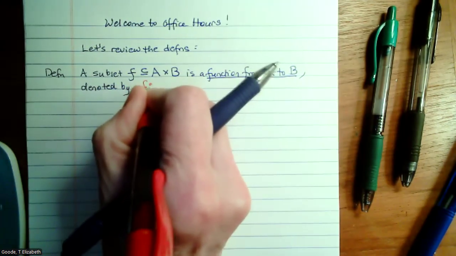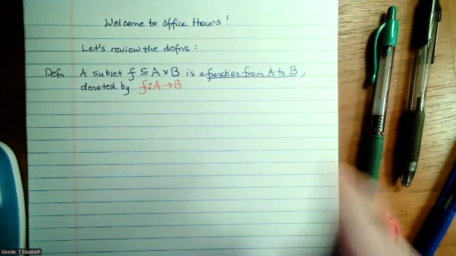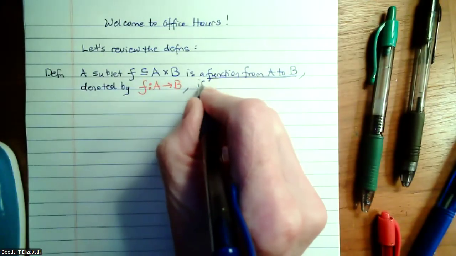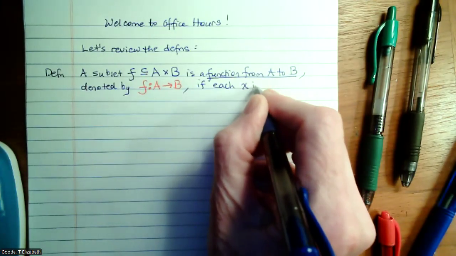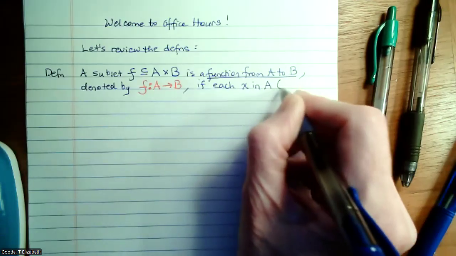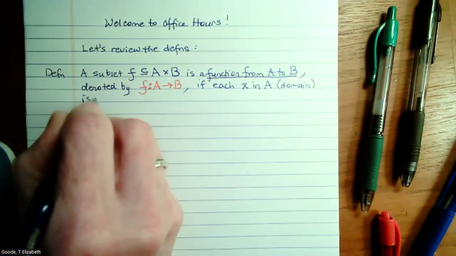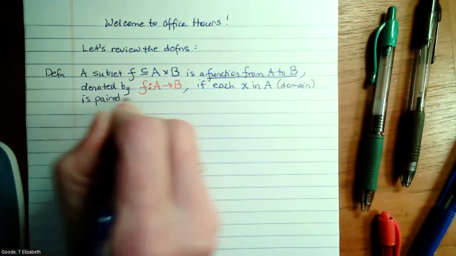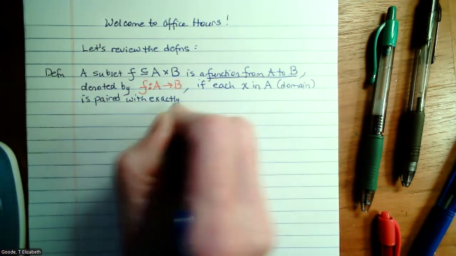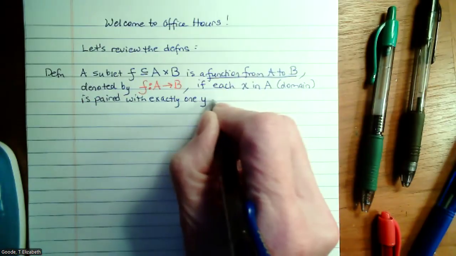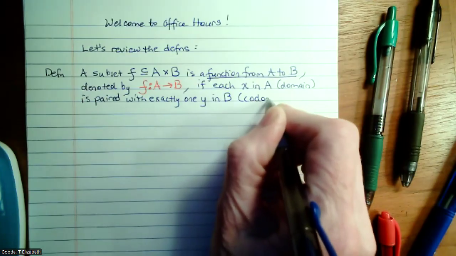We say f from A to B if each x in A, which is the domain, is paired with exactly one y in B, and B is the codomain.